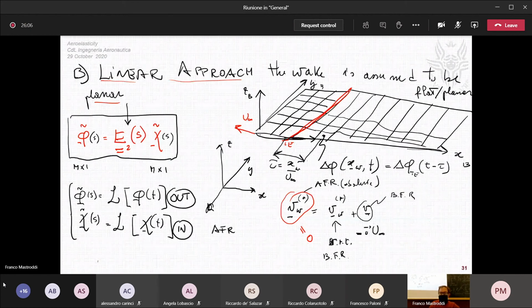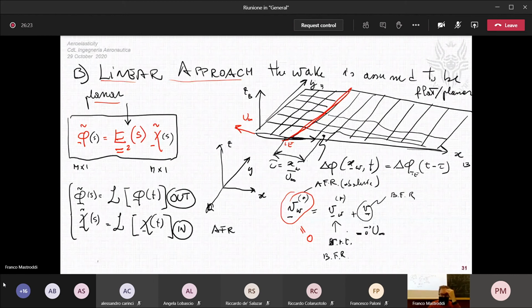The aircraft is moving in the direction opposite to your x direction in the body frame of reference. So in that reference, this velocity is minus i, the unit vector in the x direction, times u infinity.